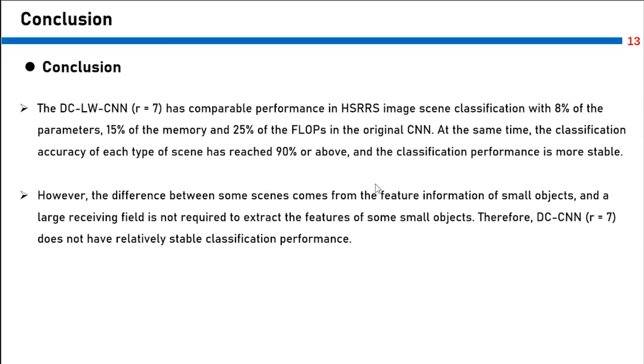The DCLWCN with R equals 7 has comparable performance in HSRS image scene classification with 8% of the parameters, 15% of the memory, and 25% of the FLOPS in the original CNN.